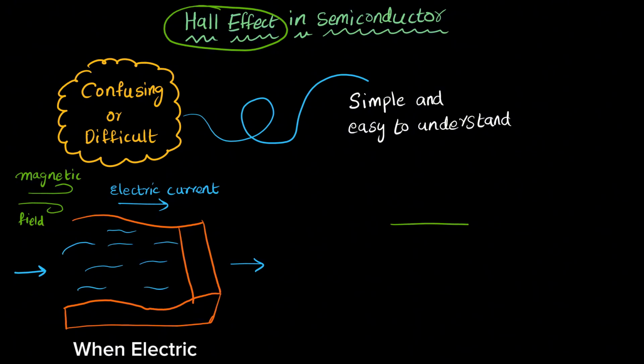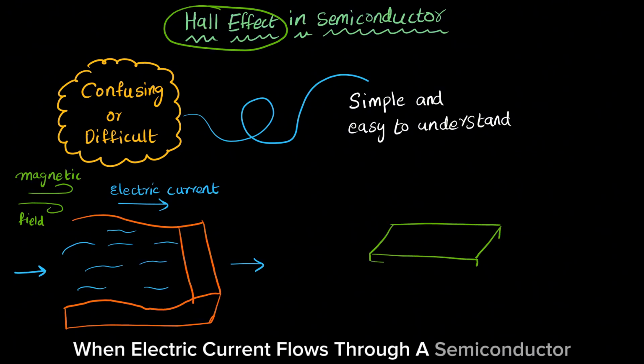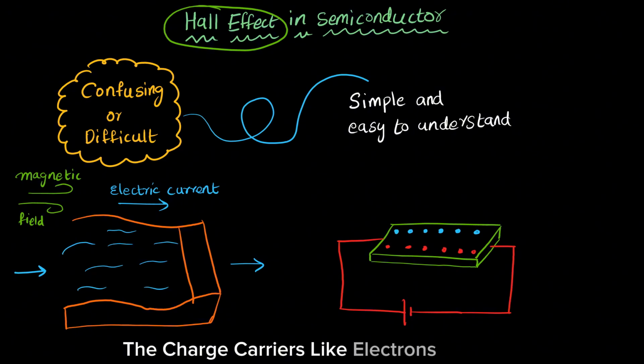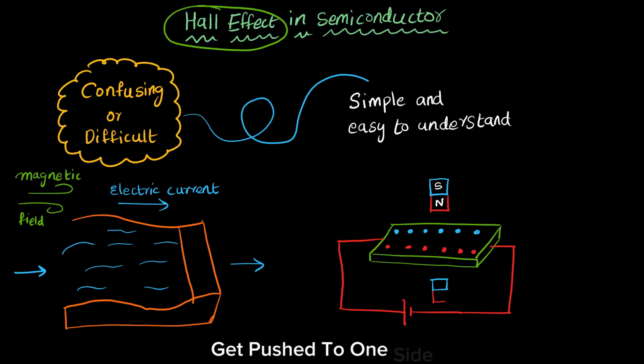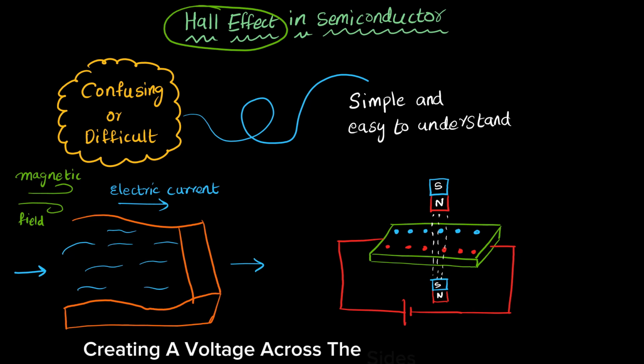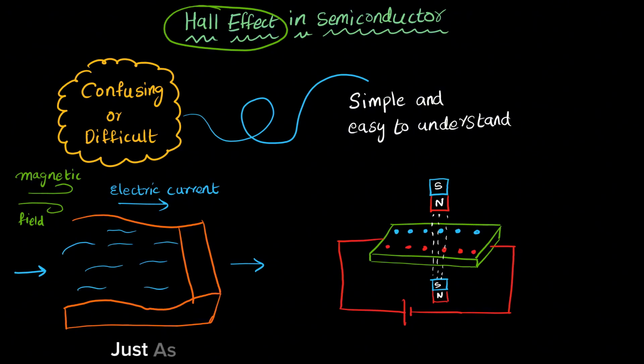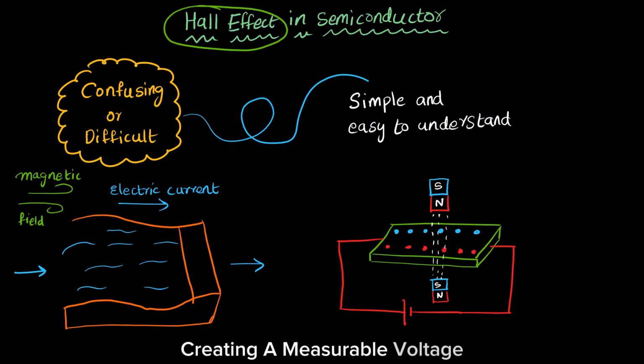Similarly, when electric current flows through a semiconductor and a magnetic field is applied perpendicular to this current, the charge carriers, like electrons or holes, get pushed to one side, creating a voltage across the sides of the material. And this voltage is called the Hall voltage. Just as the wind piles up water on one bank, the magnetic field piles up charge on one side of the semiconductor, creating a measurable voltage.